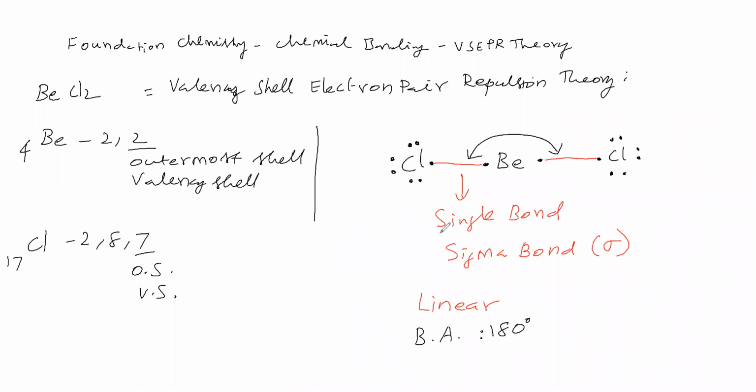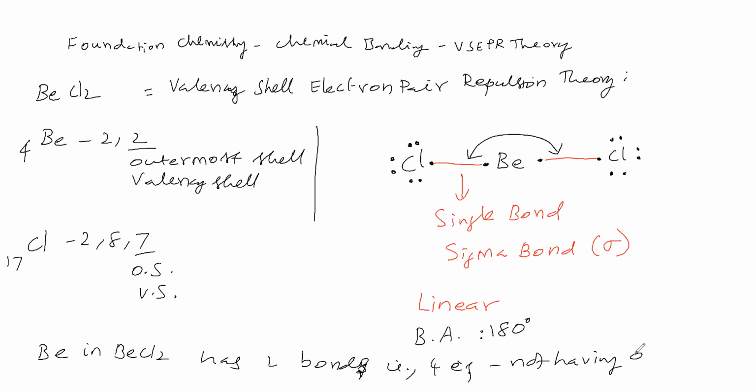What about that previous molecule, beryllium chloride? Beryllium in beryllium chloride has 2 bonds. That is 4 electrons. Therefore, not having an octet configuration. Therefore, beryllium chloride is an electron deficient molecule.